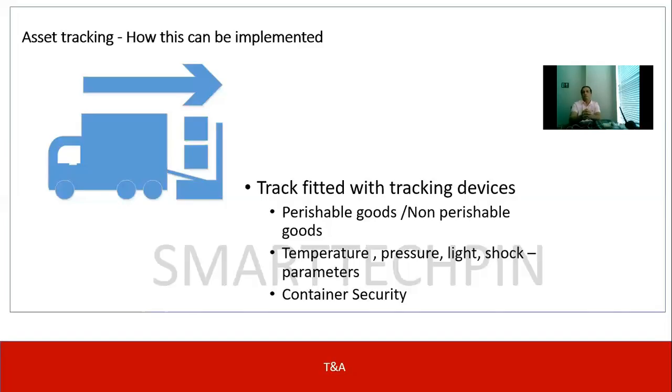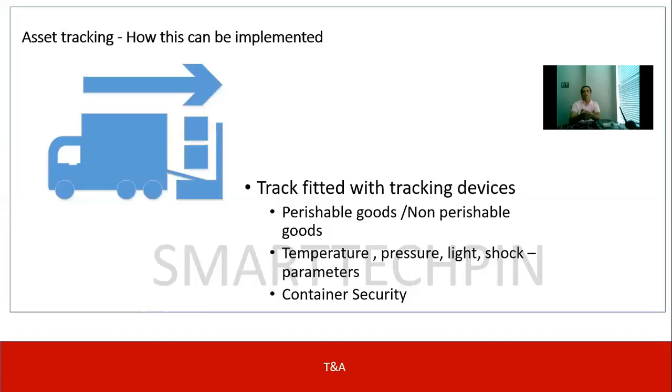So there can also be theft. To prevent theft, we keep a sensor at the lock level, so that if anyone tries to tamper with it or open the container door by force, this sensor will send an alert to the backend system saying that somebody is trying to open the container door.